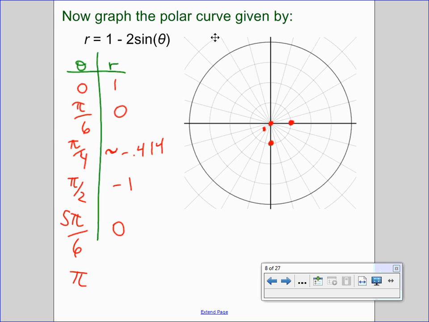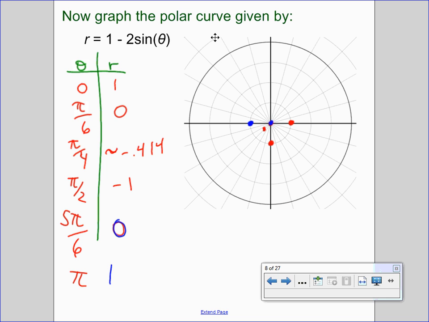So in the 5 pi over 6 direction, I'm going 0. Uh-oh. And pi. What does this look like? Sine of pi is 0, times 2 is 0, and 1 minus 0 is 1. From the pi direction, 1. How's that? Is that better?